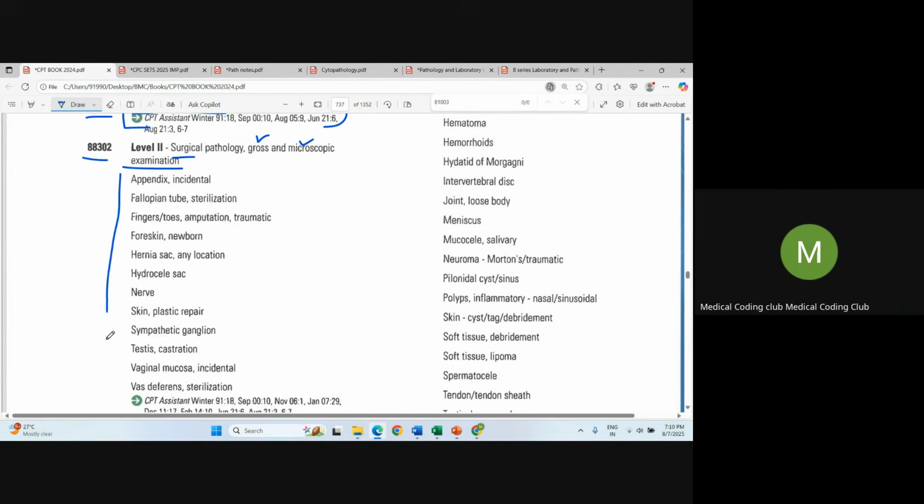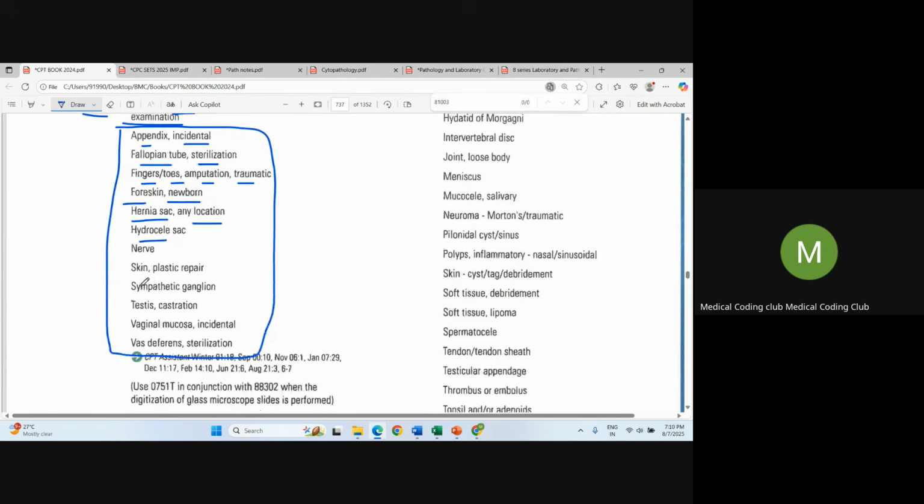Under this particular level, they have listed a few specimens. Okay, so you can see specimens like appendix incidental, fallopian tube for sterilization, finger or toes amputation traumatic, skin newborn, hernia sac any location, hydrocele sac, nerve, skin plastic repair, and then testes, vaginal mucosa, vas defect.